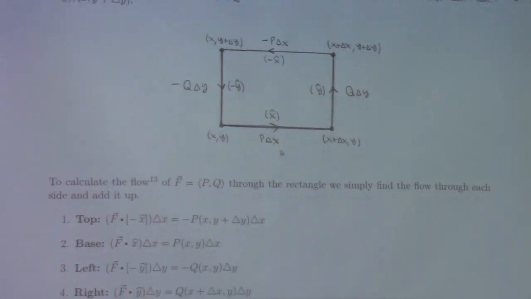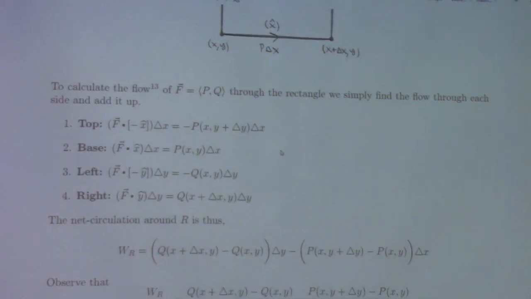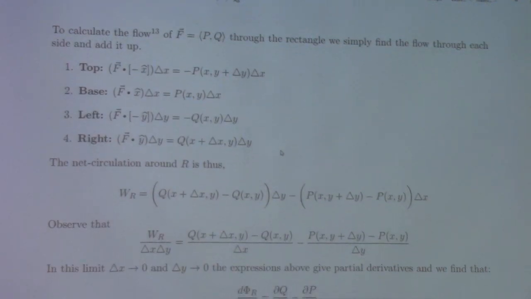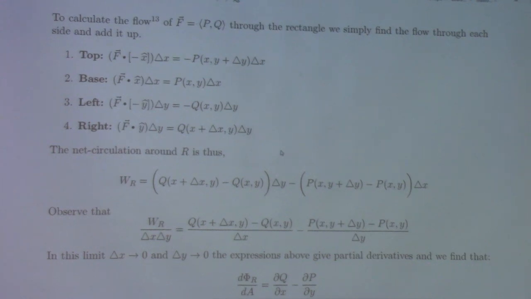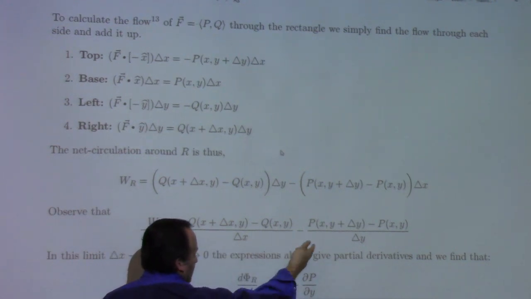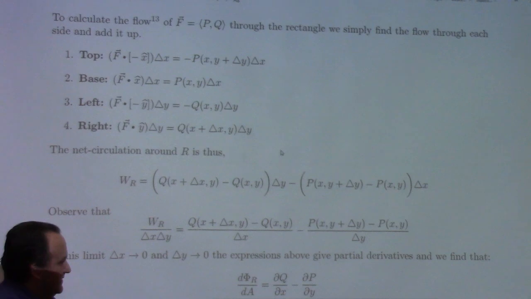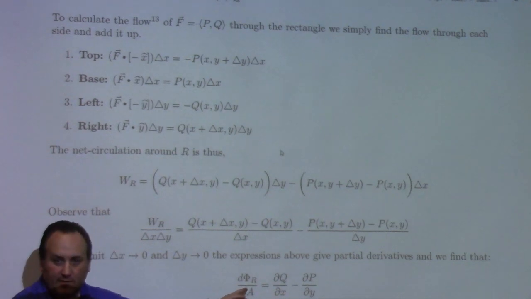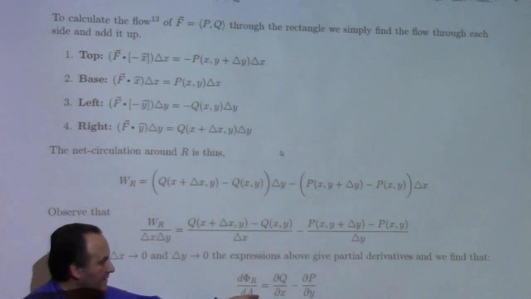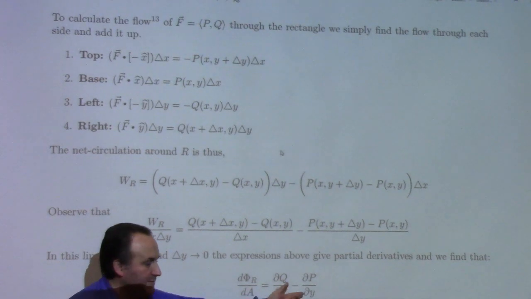If we add up the circulation along the top, the base, the left, and the right, you get the work done by the vector field over the little rectangle. If we divide by delta x delta y, we get the difference quotients. But this time, because of the way things align, we end up with a minus. So in the limit, and this is a typo, that's supposed to be a w, we get partial q partial x minus partial p partial y.